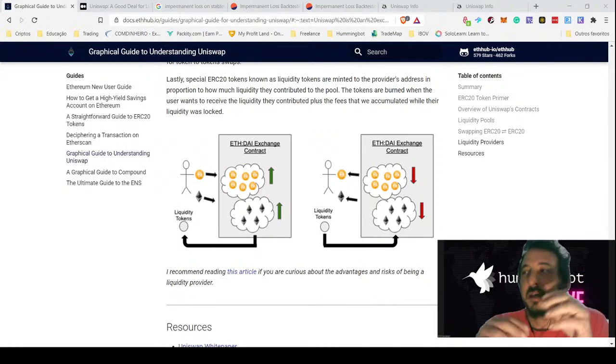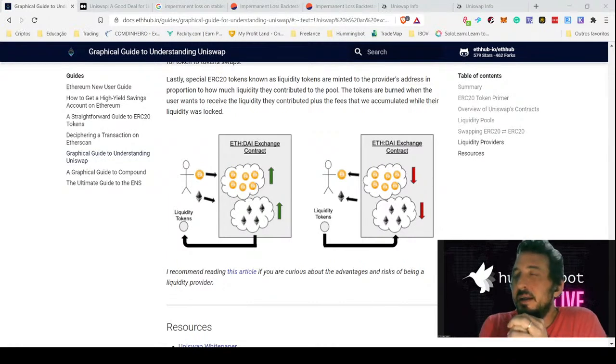Let's say a pool has a total value of 1 million, and someone adds 100K there, he's going to receive a token that represents that percentage of the total pool, right?